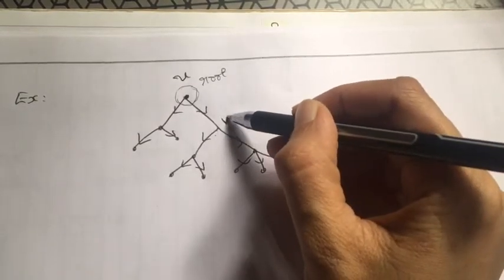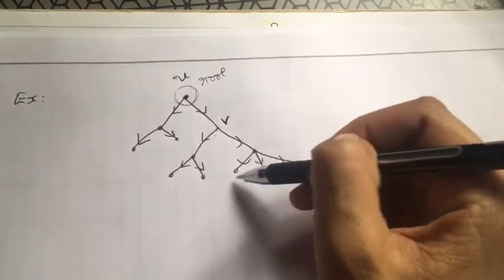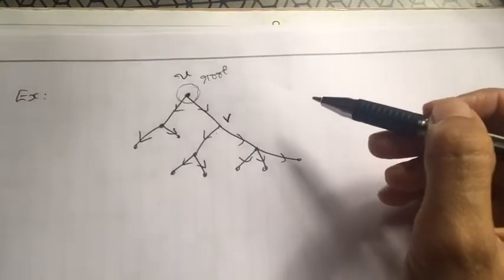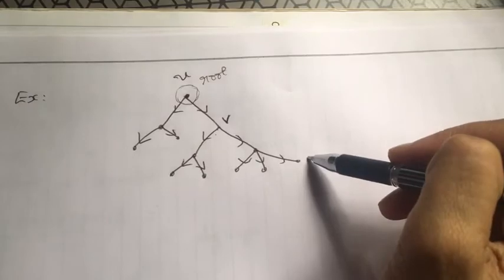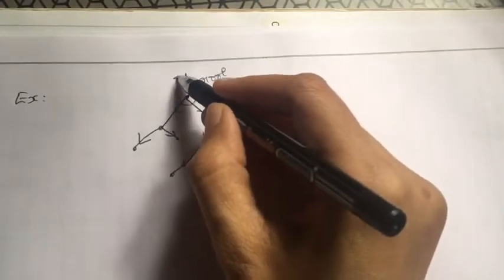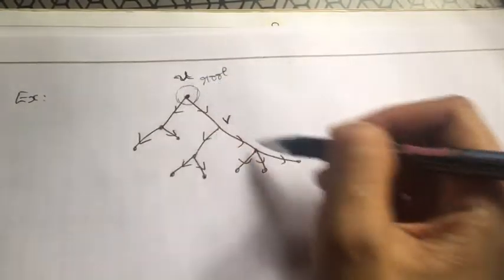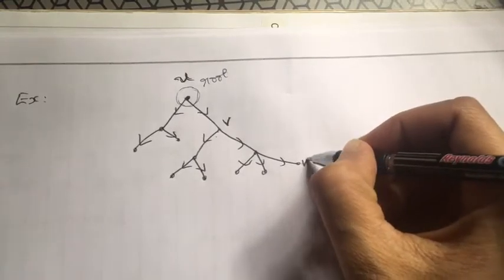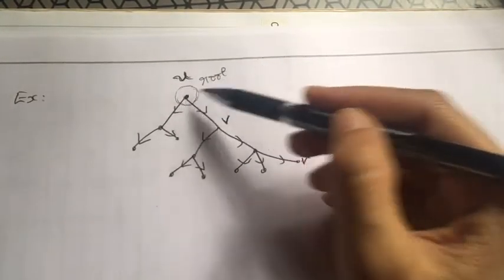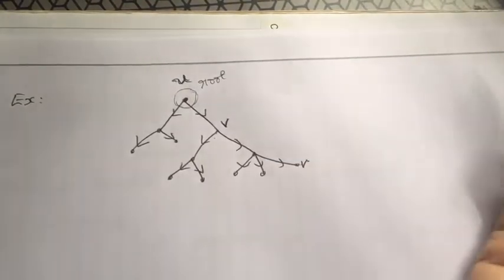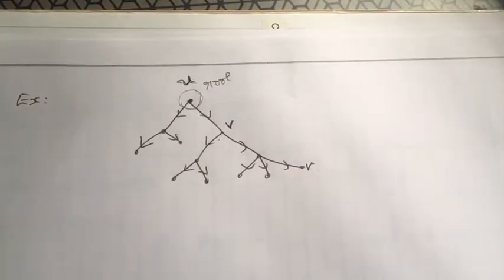My vertex v can be here, can be this, can be this, can be this. So an arborescence is a digraph in which for a vertex u called root and any other vertex v, there is exactly one directed path from u to v. This is the other way of defining an arborescence.